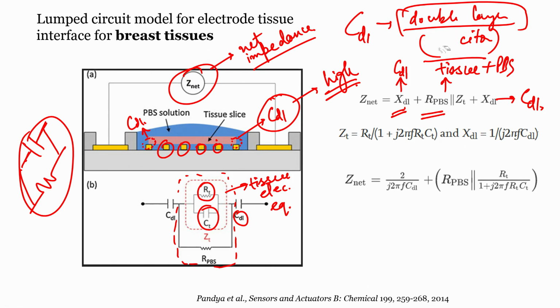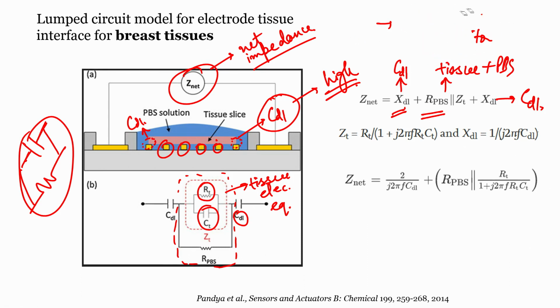So now are you able to imagine it again? The elements, let us have a look at it again. XDL corresponds to the reactance offered by this capacitor, which is the double layer, which is between electrode and tissue. This expression is the resistance offered by PBS, phosphate buffer saline solution, which is in parallel with the ZT.